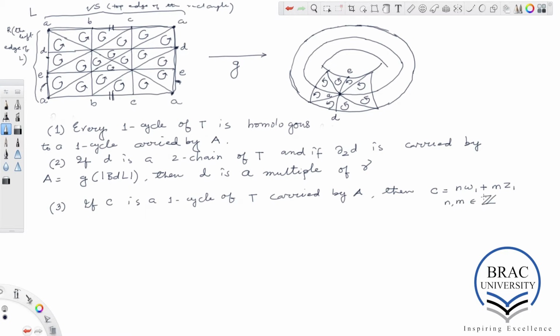Okay, and 4. delta 2 gamma is 0, which means gamma is a two cycle. Good.